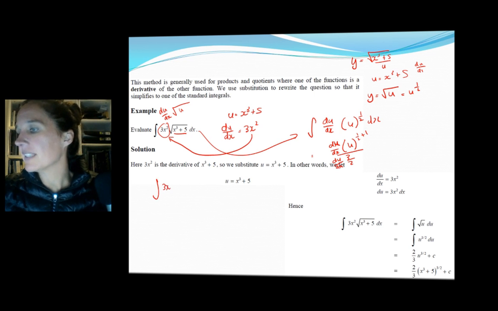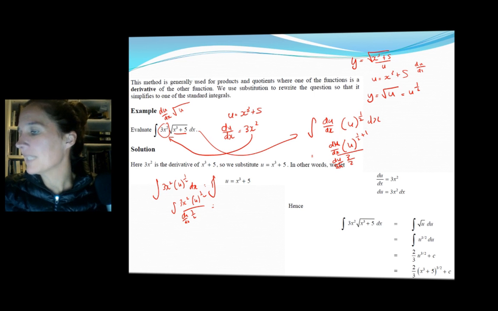So what this becomes, we get our integral. We've got 3x squared, and u to the power of a half dx, so this becomes 3x squared, u to the power of 3 on 2, on 3 on 2, and we've got our du on dx, and we substitute our u and our du on dx back in.